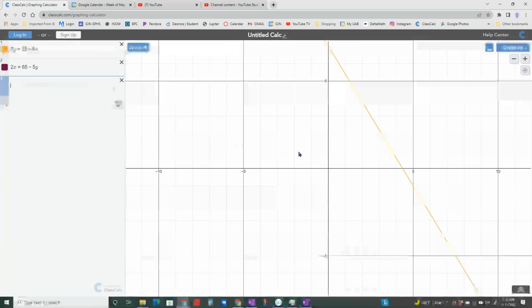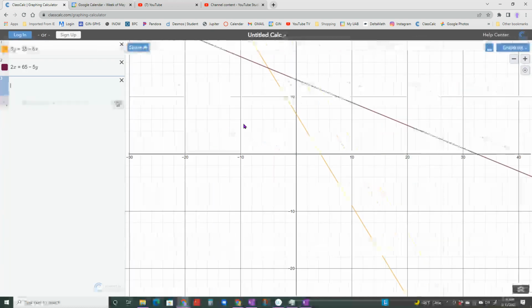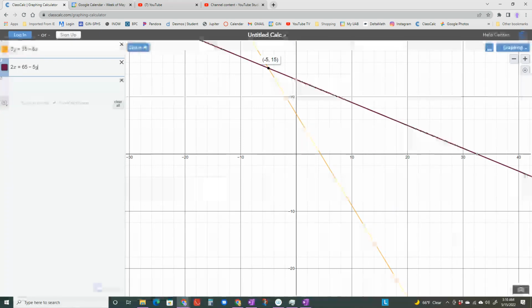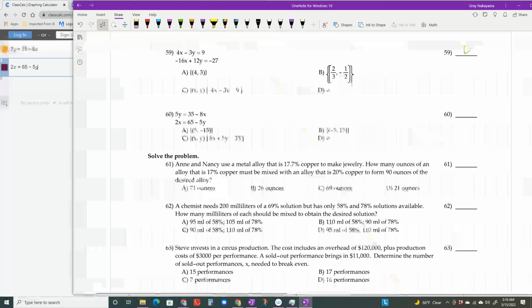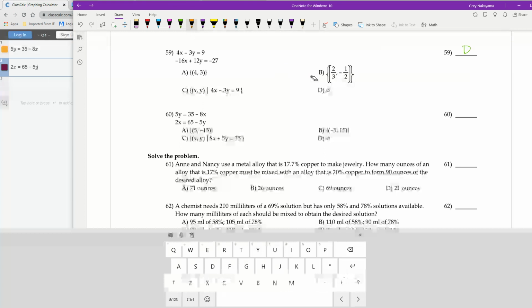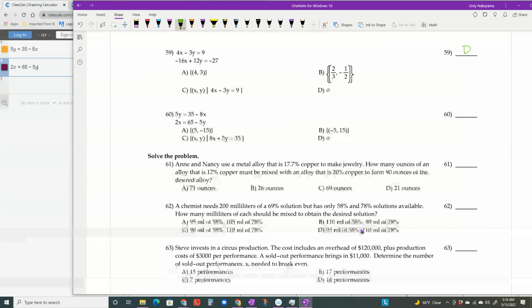If you can't see something, just zoom out. All you have to do is tap on that point, and it tells you it's negative 5, 15. So negative 5, 15 is an answer. Oops. Go away. Of B. I don't know why that's happening. Go away. B.